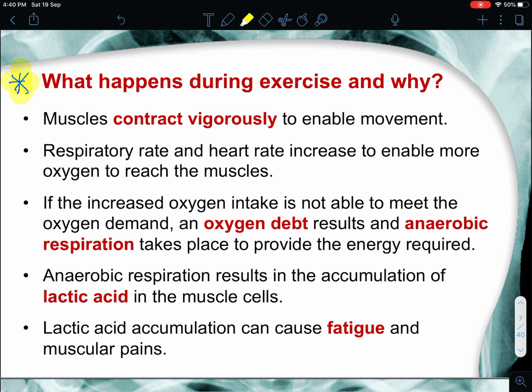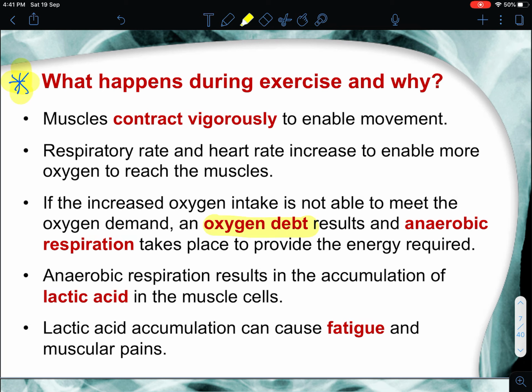If the increase in oxygen intake is not able to meet this demand, your body will undergo something called an oxygen debt. This will then result in the body kicking in the next process, which is anaerobic respiration, to also produce energy. Do take note that anaerobic respiration is not able to cover or replace the energy that's required.